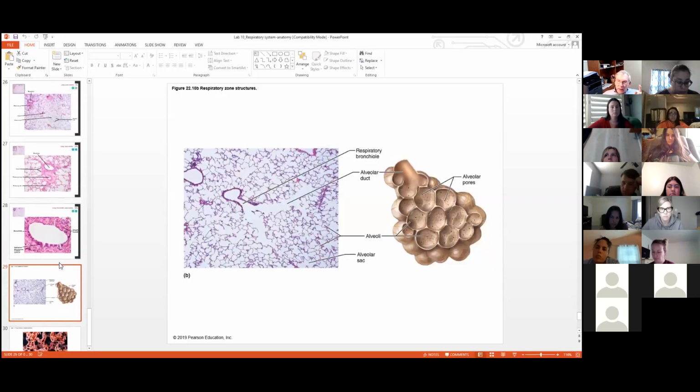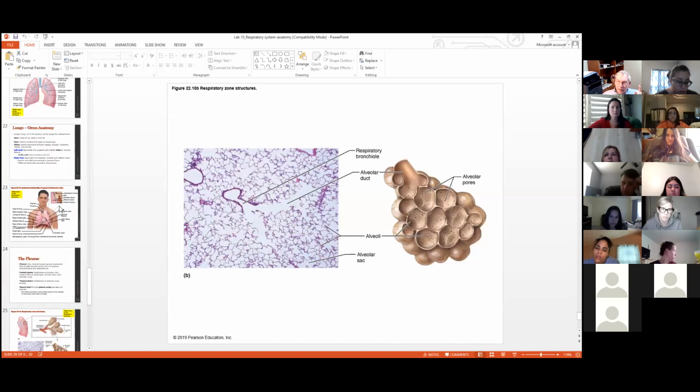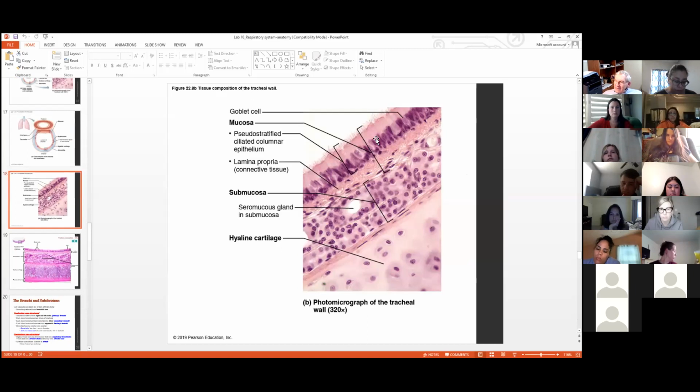Here is the one that we're looking at. This tissue layer has black lines and it's distracting, but this looks more columnar.